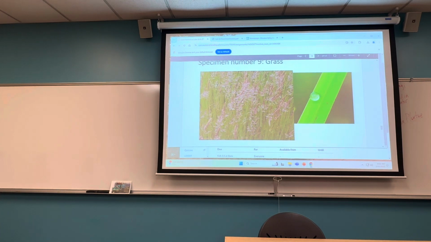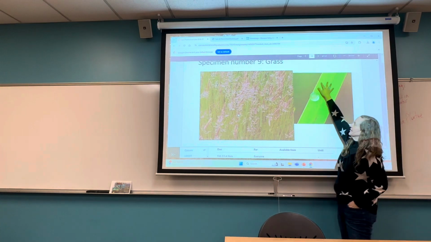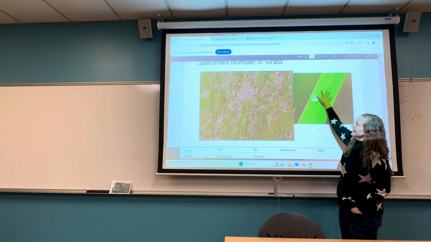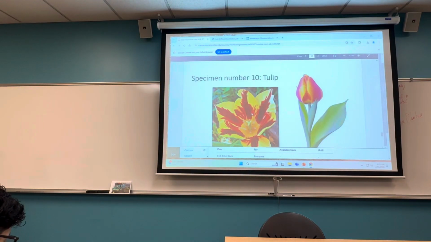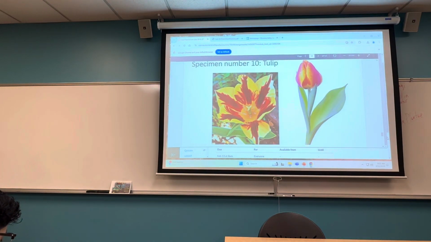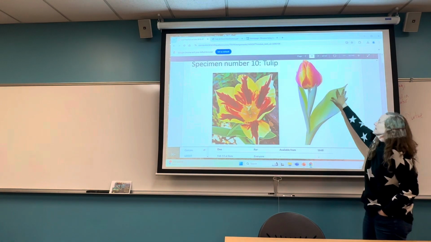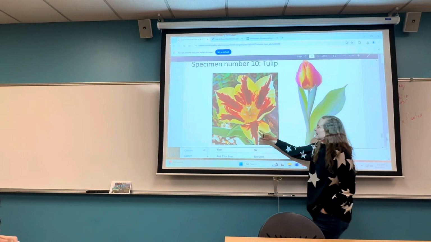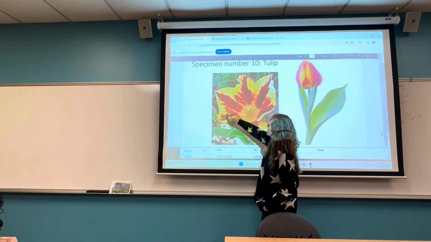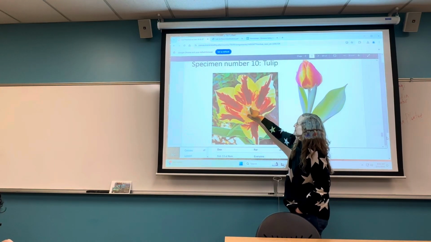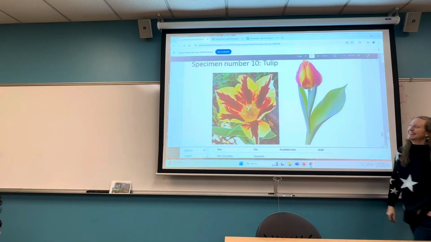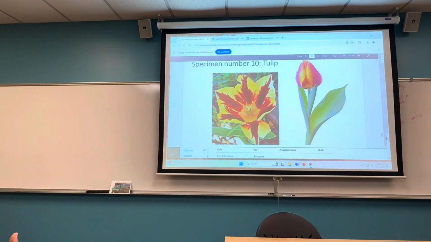Grass, see all these little flowers here? The tops are flowers. The veins are all going in the same direction. Monocot or dicot? Monocot. Okay. Couple of features here. Veins in the same direction. 1, 2, 3, 4, 5, 6 petals. 1, 2, 3, 4, 5, 6 stamens. Carpel is in a group of 3. Monocot, right?